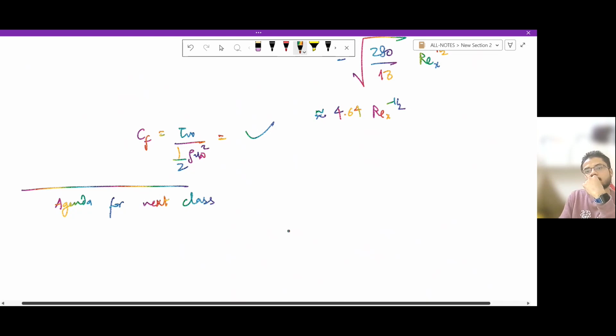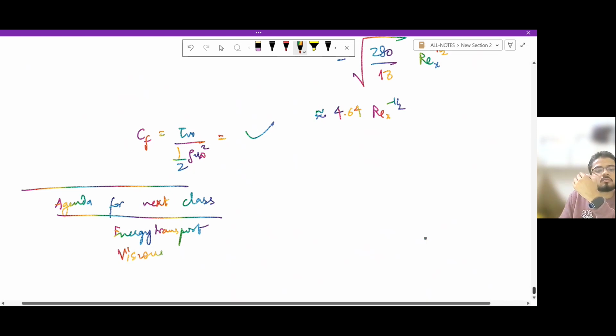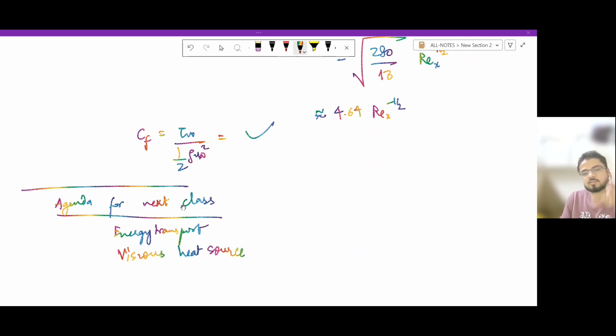Next class, yes. Energy transport. A bit about that. And we'd also have something like a viscous heat source generating heat based on viscosity.